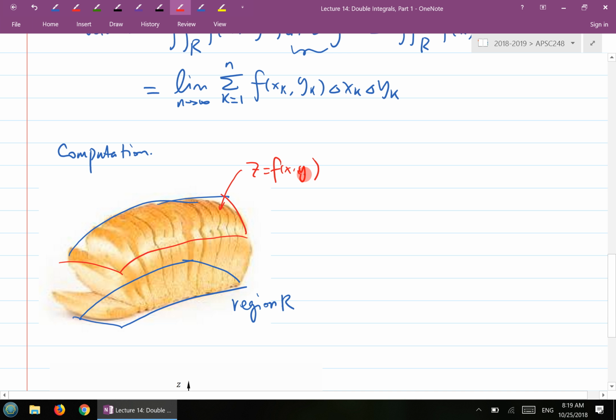And you can place this loaf of bread within a certain coordinate system, of course.